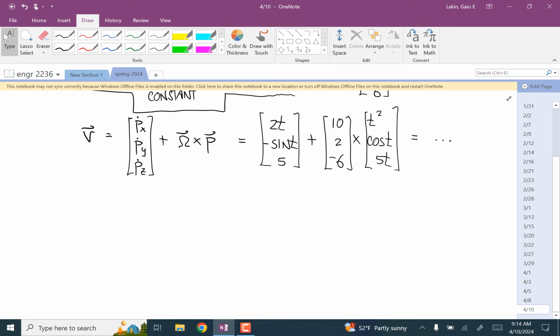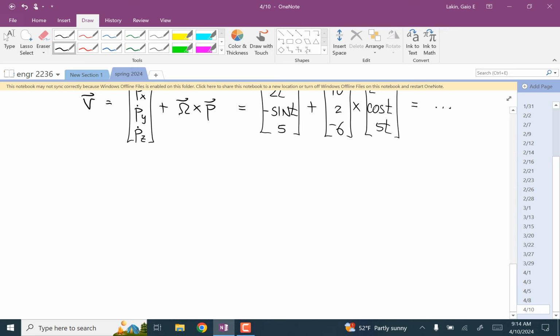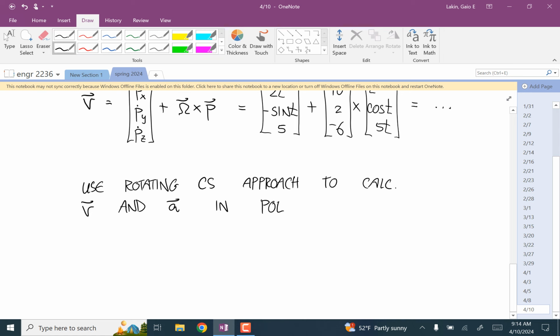Well, one thing I want to do now is use this rotating coordinate system approach to calculate the velocity vector and acceleration vector in polar and cylindrical coordinates.